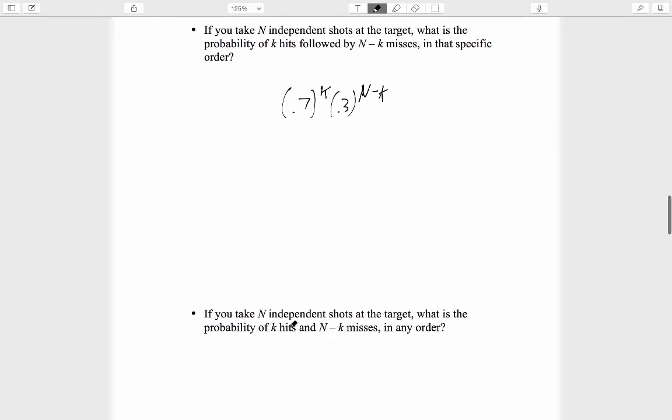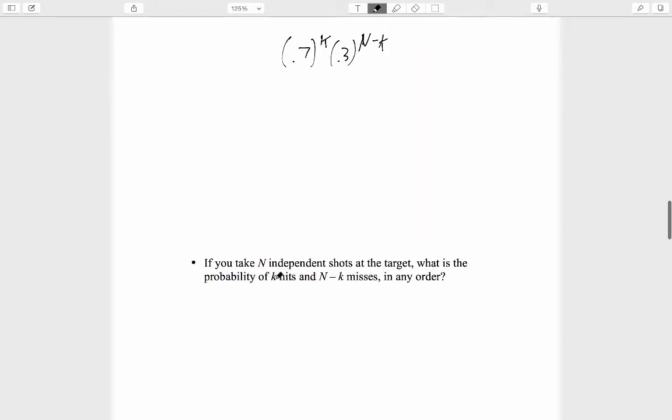You can sense what's about to happen next. If you take n independent shots at the target, what is the probability of k hits and n minus k misses in any order? That is now n choose k. N choose k times 0.7 to the k, 0.3 to the n minus k.